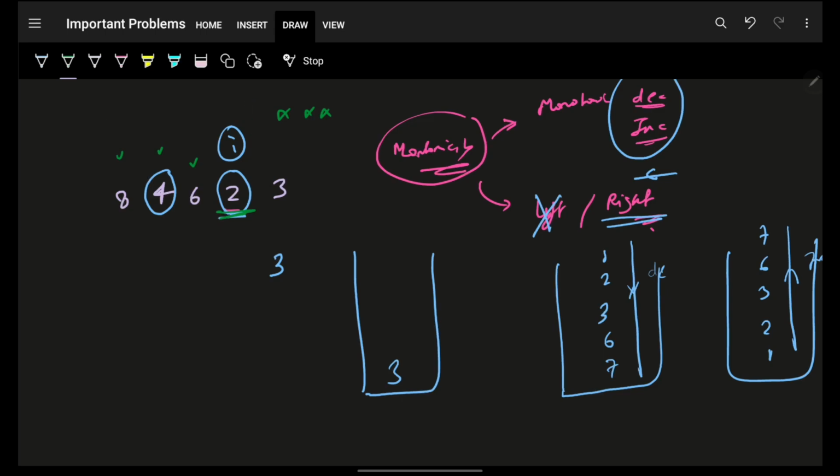So obviously it makes sense that I should remove anything higher from the stack. Again, there are two things. I'm removing it because for 2 anything higher is not required, and also for anything on the left side of 2, as 2 is already present, anything higher will never be used because I'm looking for a smaller value. So I should remove it from the stack, and then I will simply put up a 2.